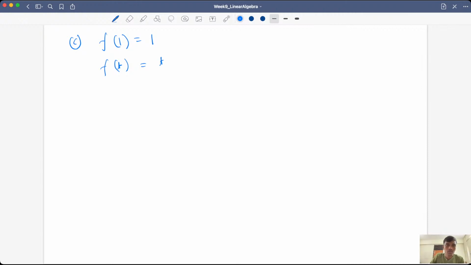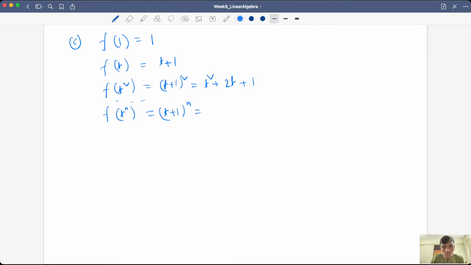Because if I take t squared, it is just (t+1) squared, that means it is t squared plus 2t plus 1. If I just do for t^n, then it is (t+1) to the power n.